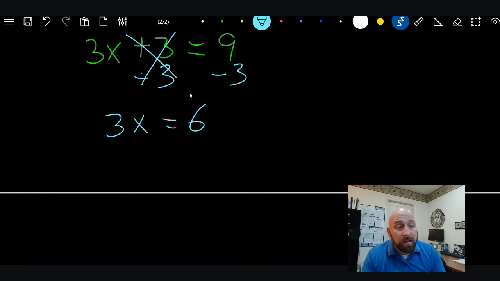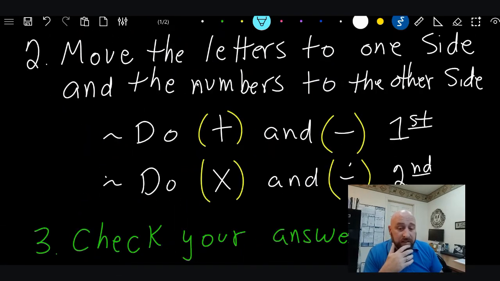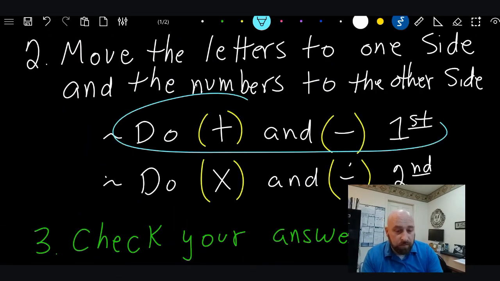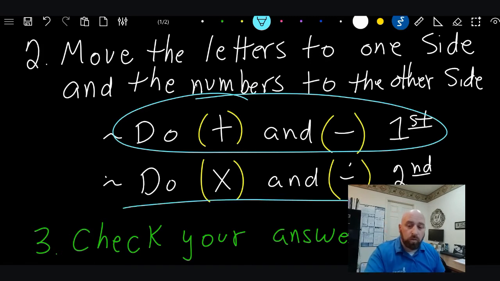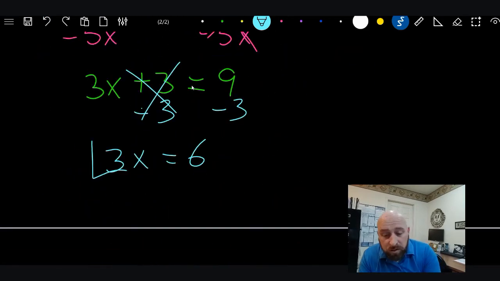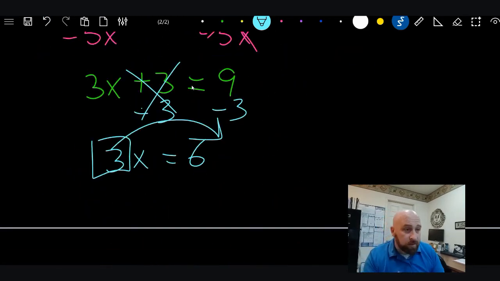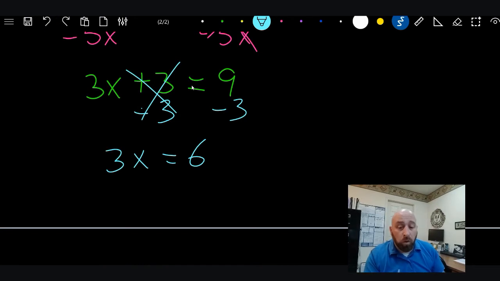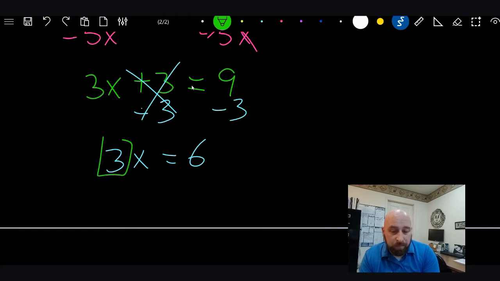We still have not finished. Now, we did all the addition and the subtraction. But now we have to do the multiplication and the division. So we're still trying to get all of these numbers to the other side. Well, if it's times 3x, what do we need to get rid of it?